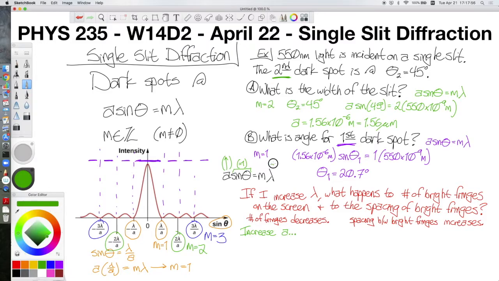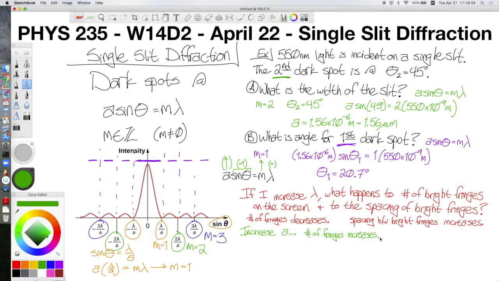And this time we're going to hold the wavelength constant. So as our slit width goes up, that means m also has to go up. So that means the number of fringes we show on the screen will increase.